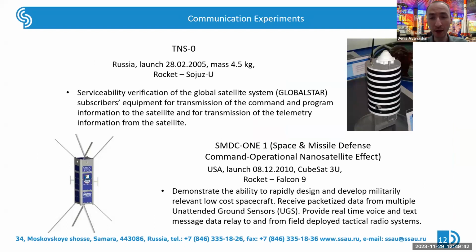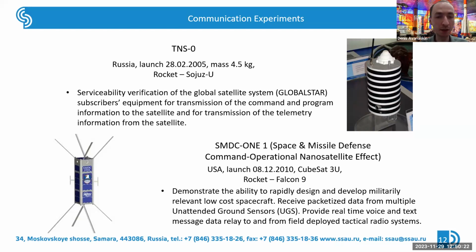Okay, so the next kind of mission that nanosatellites can implement is communications. Nanosatellites can solve some problems with communication. Here you can see two examples of space missions with nanosatellites. The first one is TNS-0. It was a Russian satellite that worked with the Global Star satellite system.